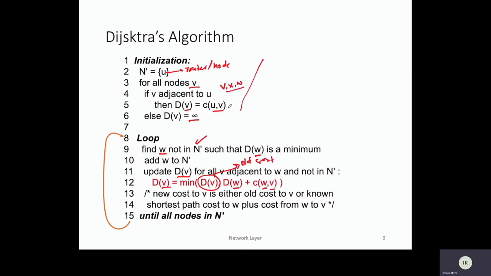So this cost can be calculated, and if it's not an adjacent node, the cost is infinity, which is true in the case of node Y and node Z.